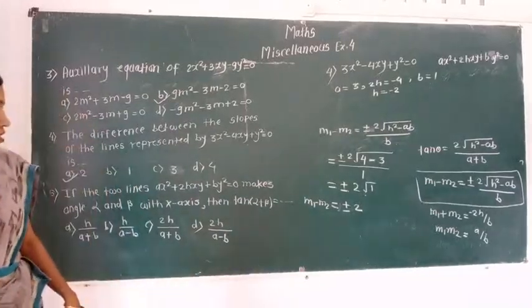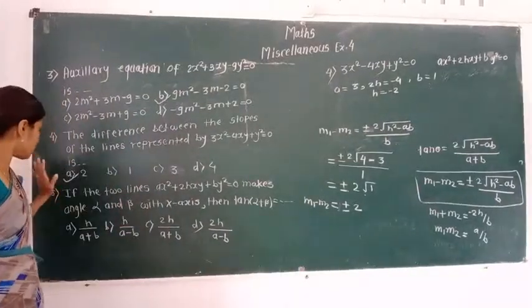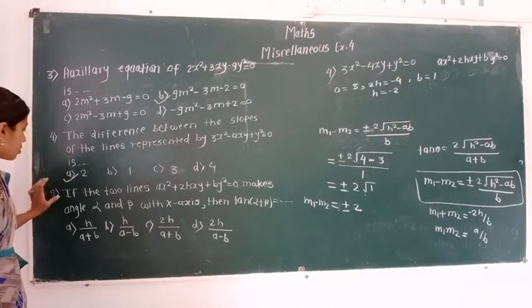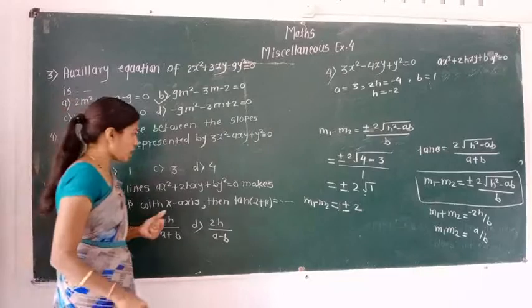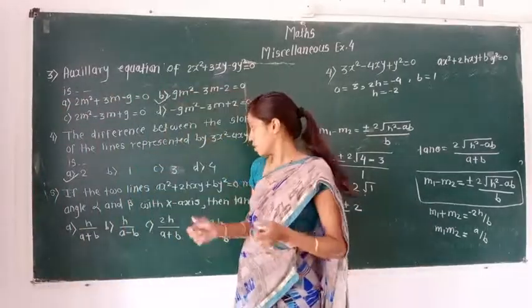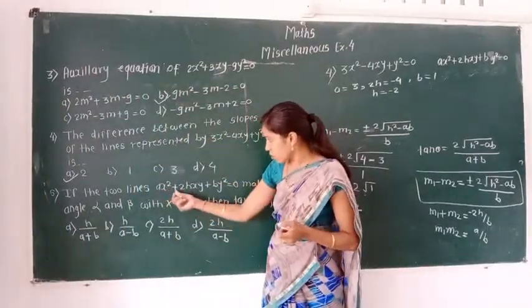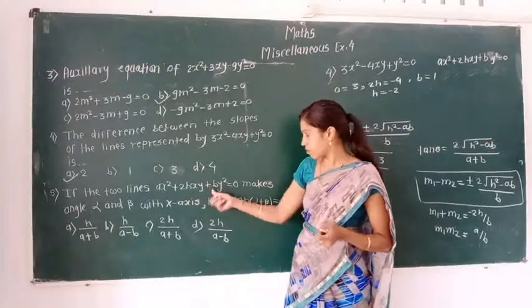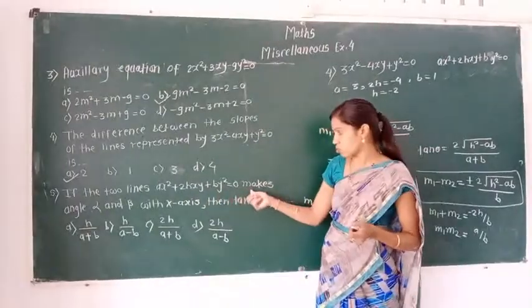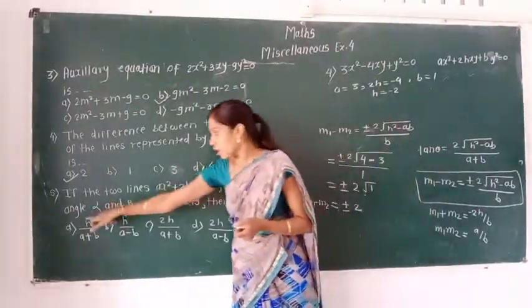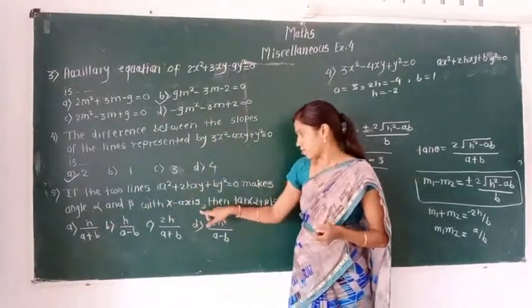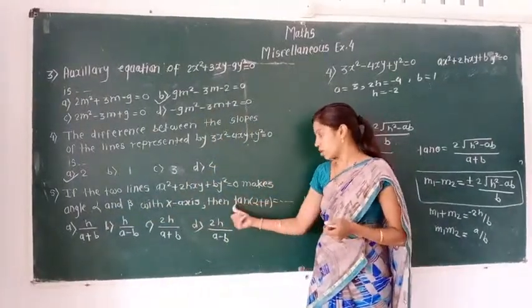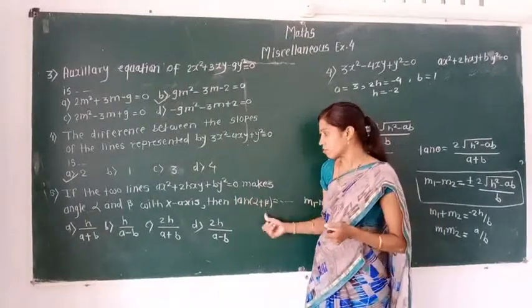Now see the next MCQ. MCQ number 5 is: if the two lines represented by the equation ax square plus 2hxy plus by square is equal to 0 make angles alpha and beta with the x-axis, then find out the value of tan alpha plus beta.